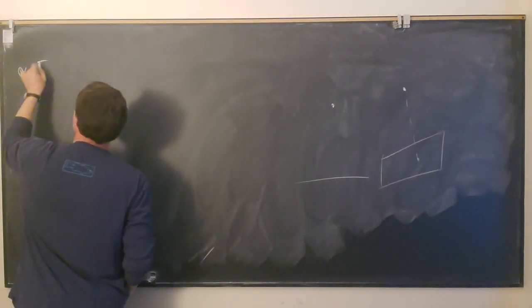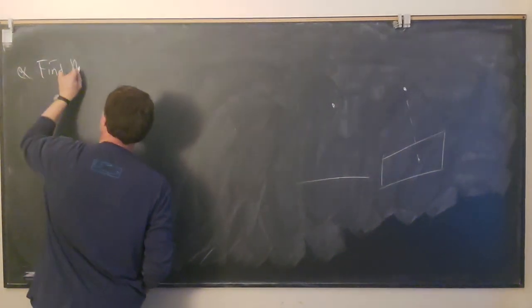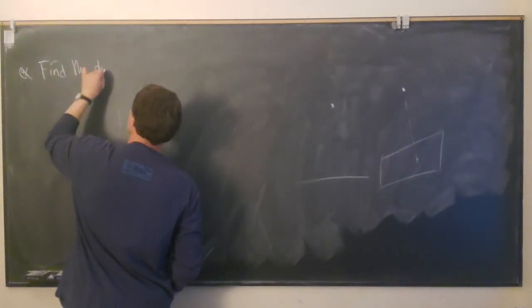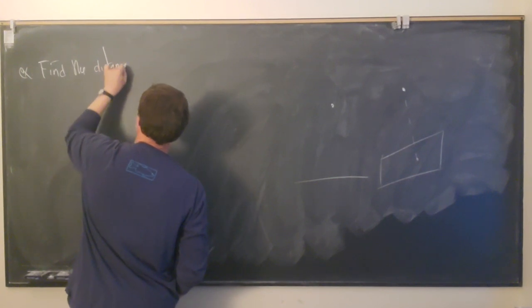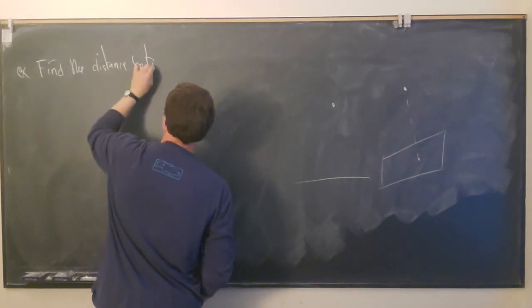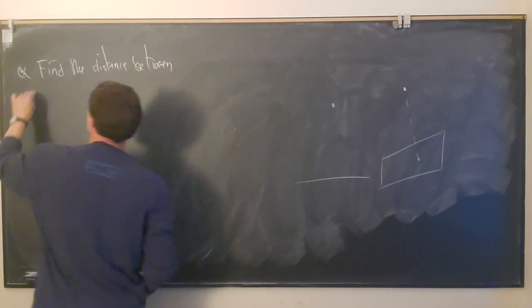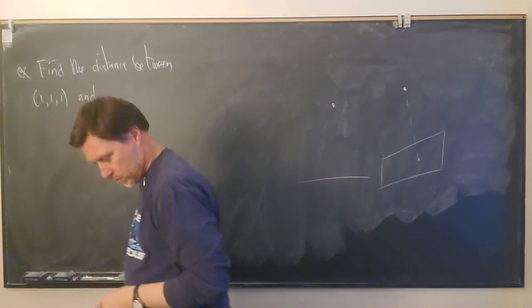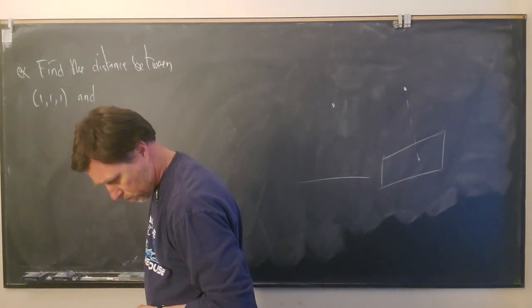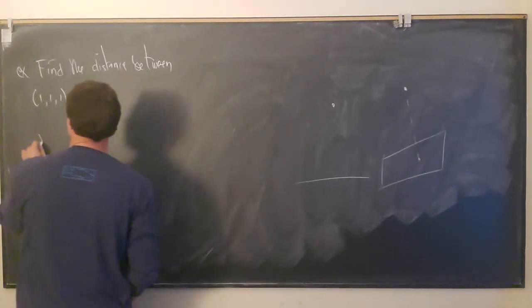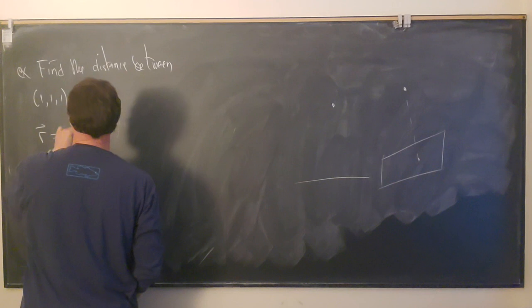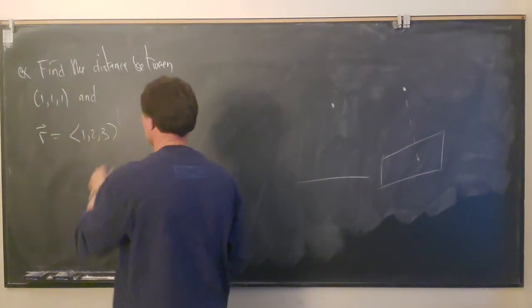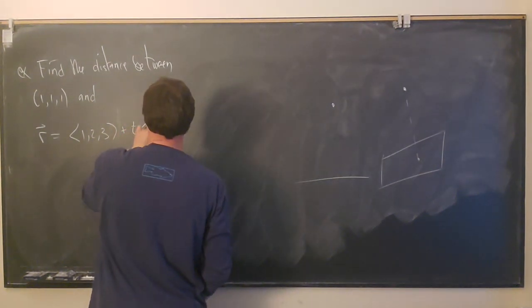So let's first find the distance between the point (1, 1, 1) and the line r equals (1, 2, 3) plus t times (1, 0, 1).